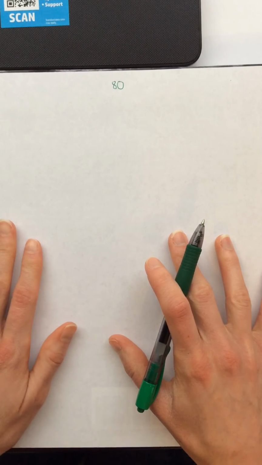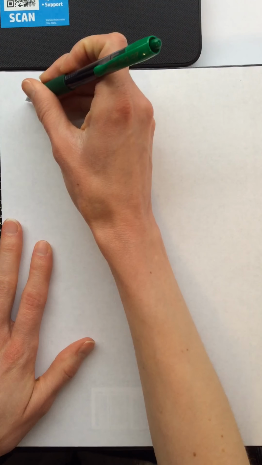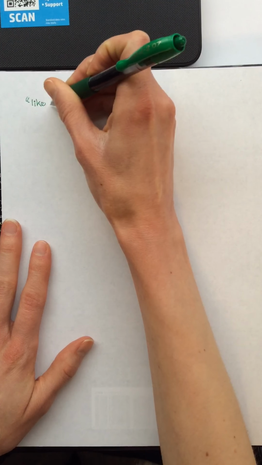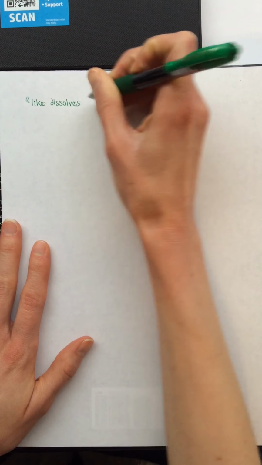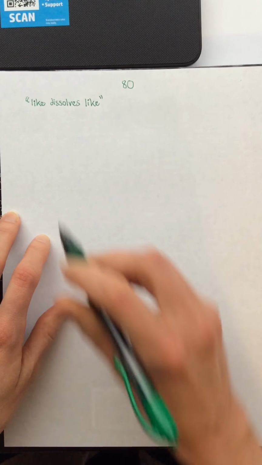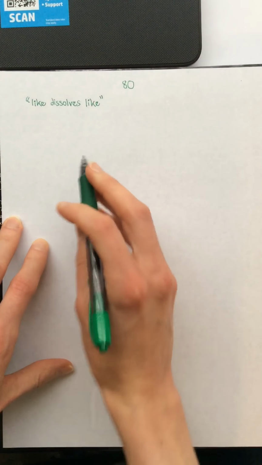Okay, now to the new stuff for today before you do the lab. There's a phrase that you want to be familiar with, and that phrase is "like dissolves like." And this phrase has to do with what types of compounds will dissolve in other types of compounds.